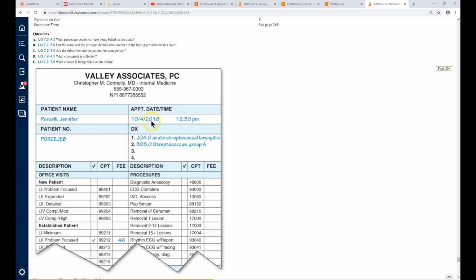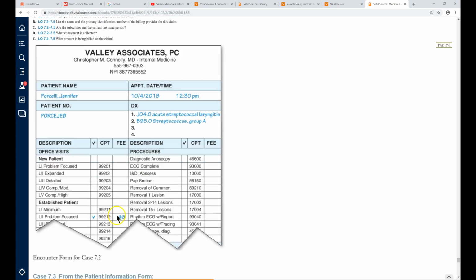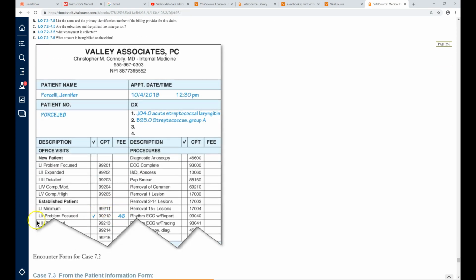Her appointment was October the 4th at 12:30. She had two diagnoses. J04.0 is the ICD-10 code for acute streptococcal laryngitis, and B95.0 is the organism that was causing the laryngitis, so Streptococcus group A. Her procedure was for an office visit that was problem focus level 2, 99212, and the charge was $46.